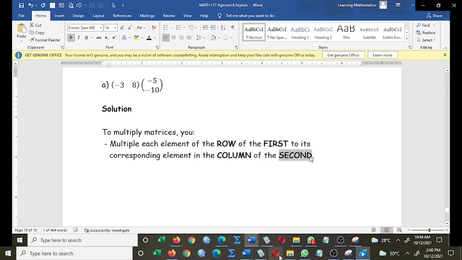So when you're going to actually multiply now, you have to multiply each element of the row of the first to its corresponding element in the column of the second. And then to obtain one number, you add these products.